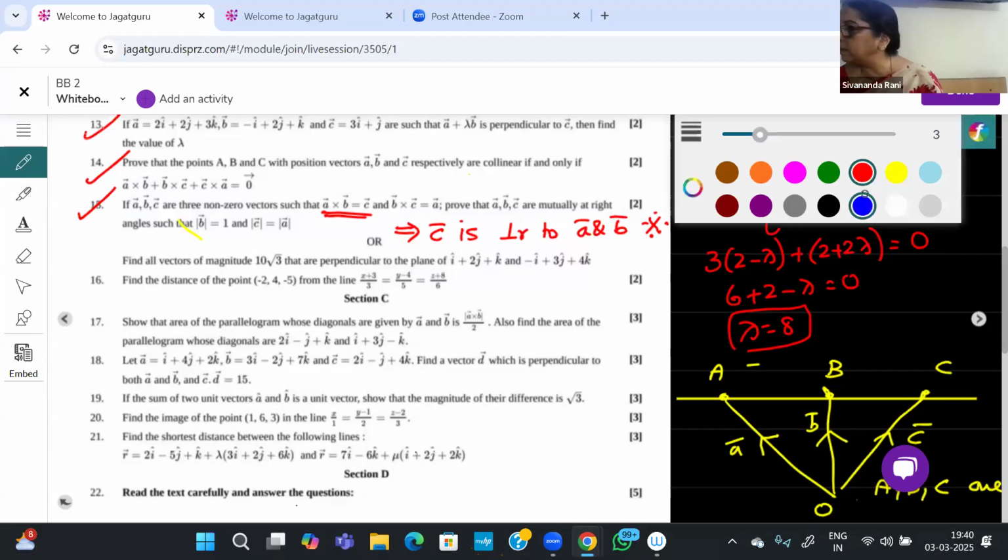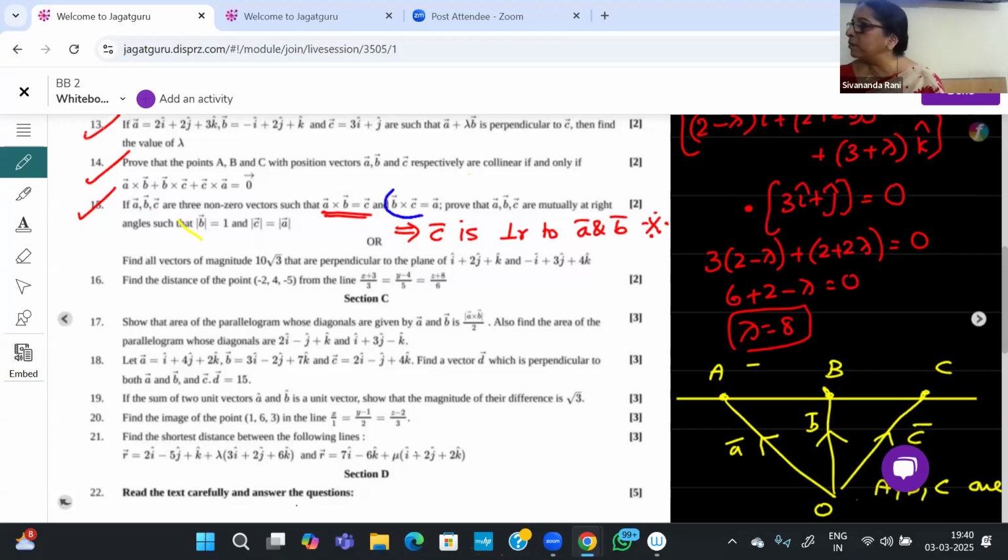Similarly, can you interpret this? What does this mean? A is perpendicular to B and C. So from here, what can I get? C is perpendicular to A and B, right?